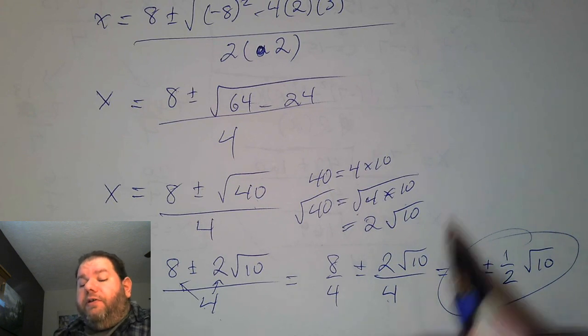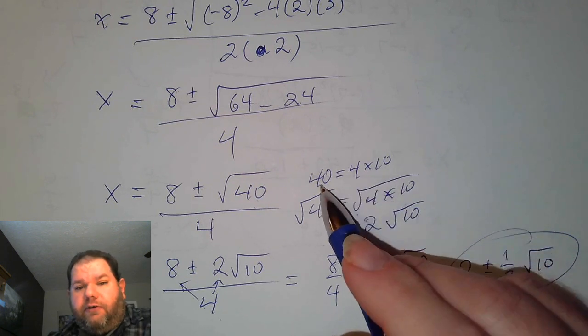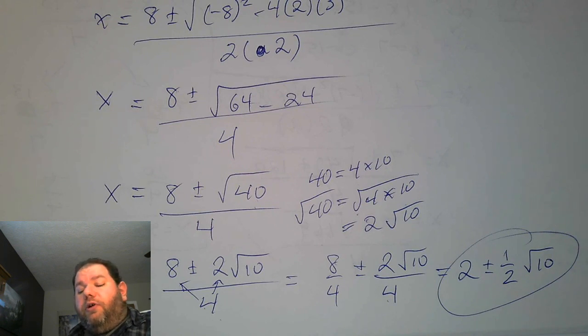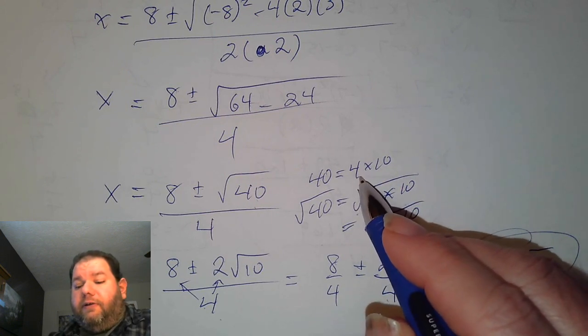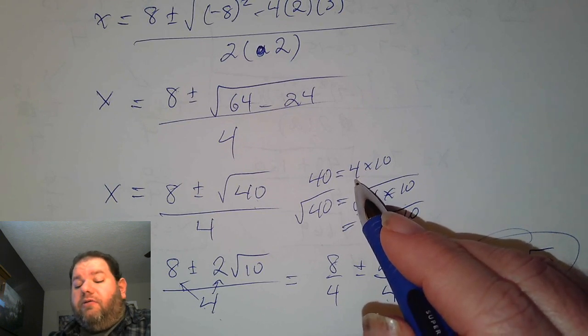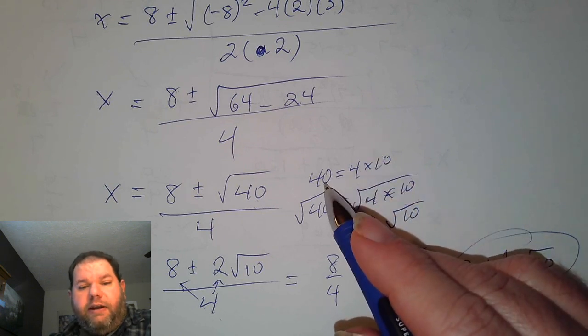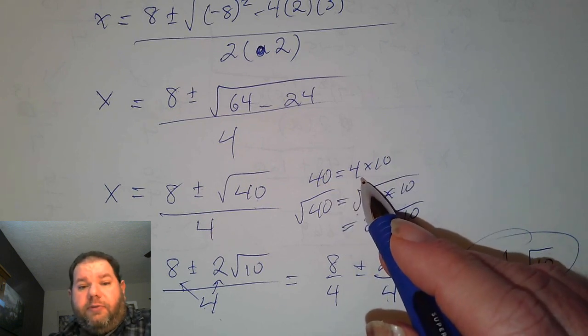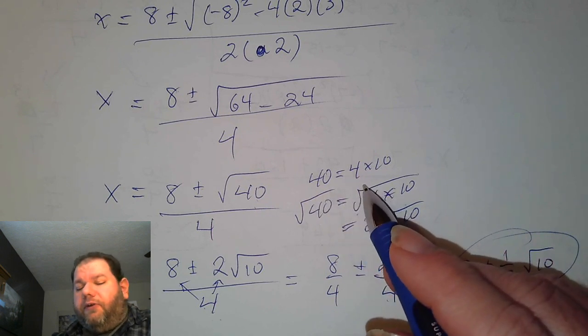There are other ways to factor 40, but we want the factorization of 40 where the term that is a perfect square is as large as possible. So we want this 4 to be as large as possible. If it were a 9 or 16, if those numbers divided evenly into 40, we would certainly want to use those. 4 is the largest number that goes into 40 that is also a perfect square.